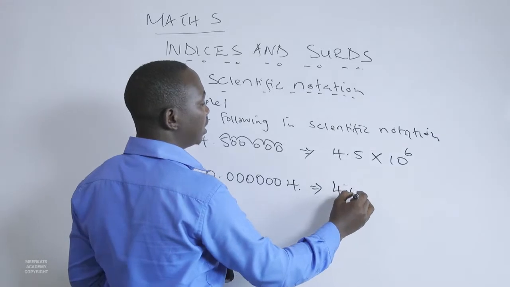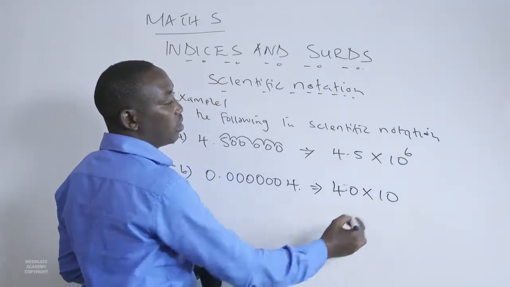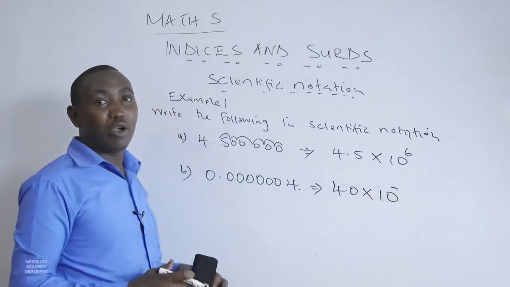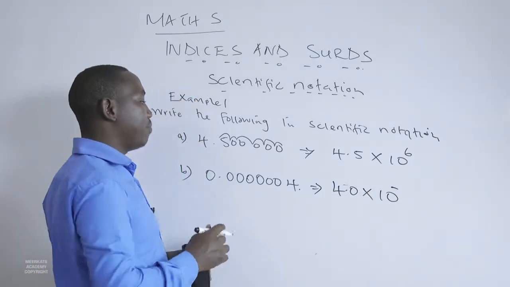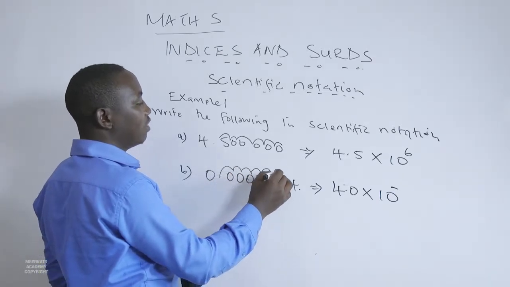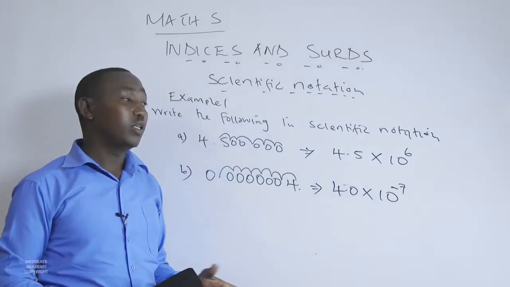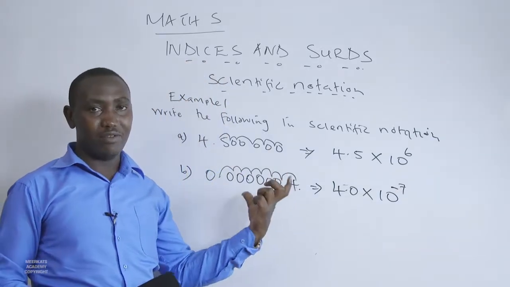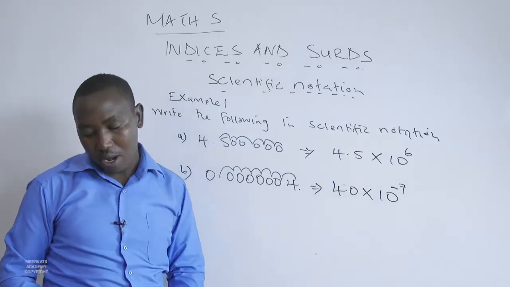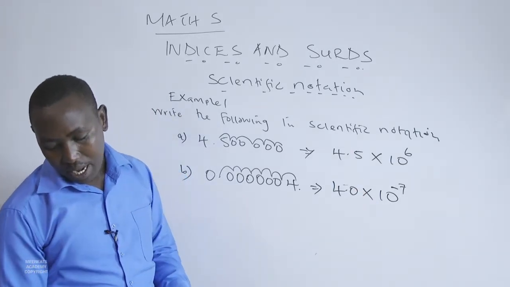That is 4.0 times 10 raised to. Of course, it is negative because we are talking of a very small number. For you to have reached there, you need to have gone 1, 2, 3, 4, 5, 6, 7 steps. So negative 7. So when you have a very small number, the power should automatically be negative.